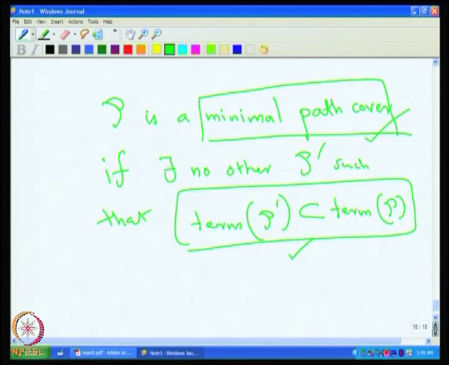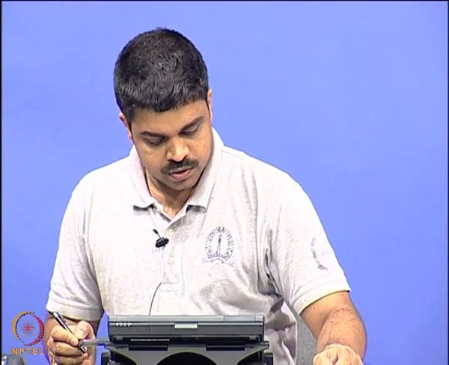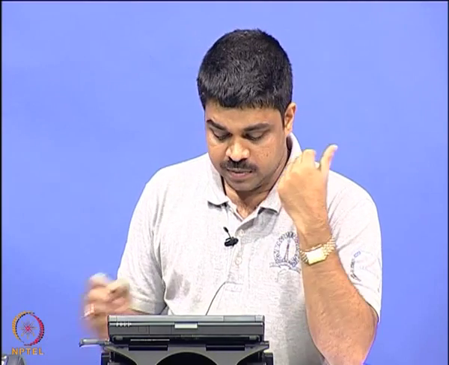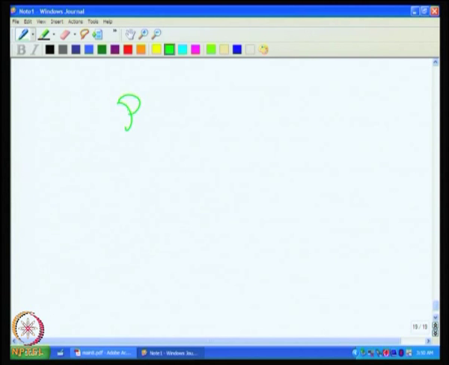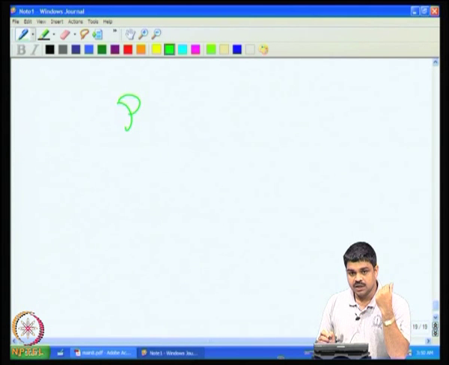This is what we can clearly see. Now, let us look at a minimal path cover. Let P be a minimal path cover. I will claim that I can get an independent set in such a way that every path in this path cover has a representative from the independent set.